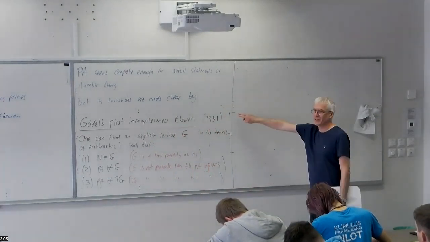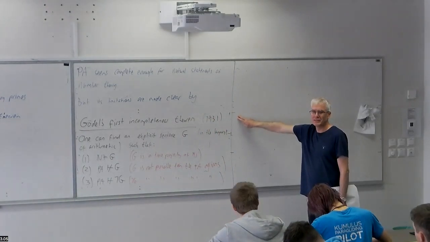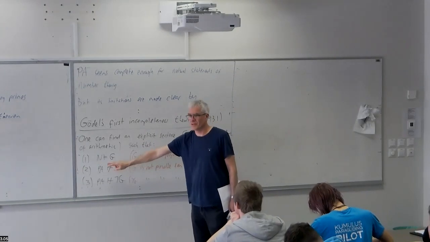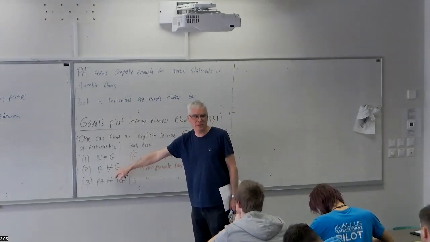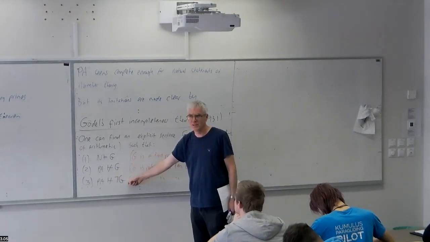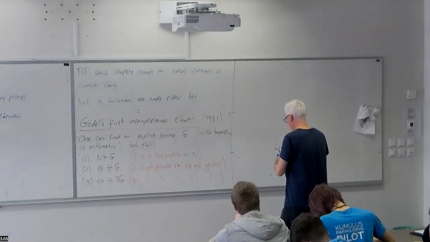So why is it called an incompleteness theorem? It's incomplete in the first sense: the theory of Peano arithmetic is incomplete as a theory, as defined earlier. There is a sentence such that neither it nor its negation belongs to the theory.